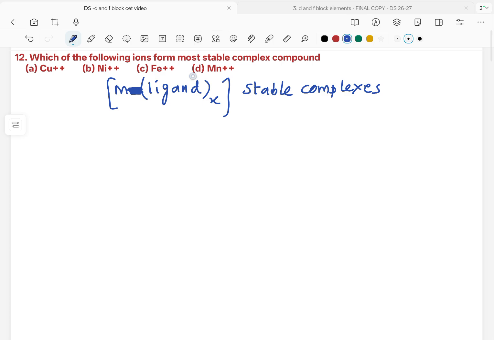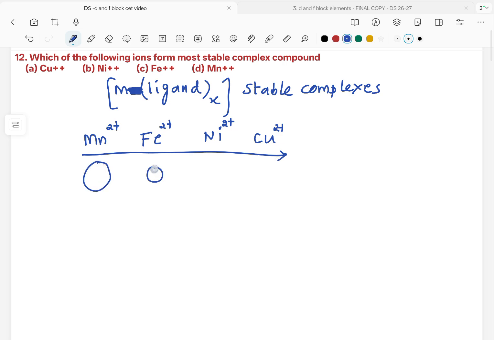The ions given here all belong to 3D series, and when we arrange these ions according to their atomic number, they are this way: manganese, iron, nickel and copper, all divalent ions in 2 plus state. And we know that in 3D series, across the series, the atomic size decreases.